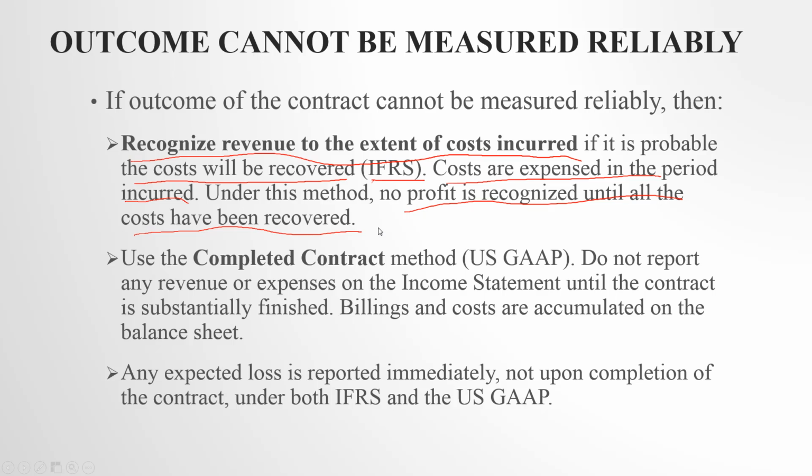So we'll recognize revenue, we'll recognize cost, but revenue would equal the cost, and therefore there will be no income reported unless and until all the costs have been recovered for this contract.